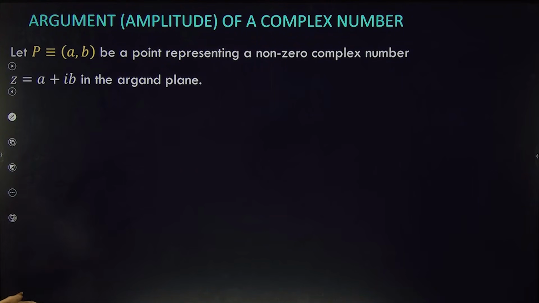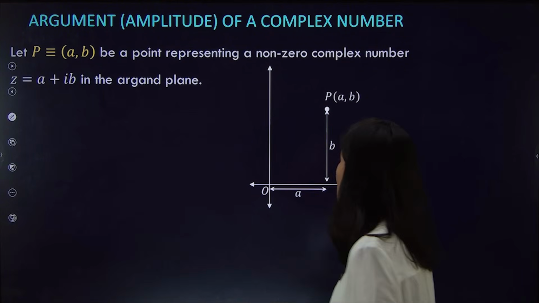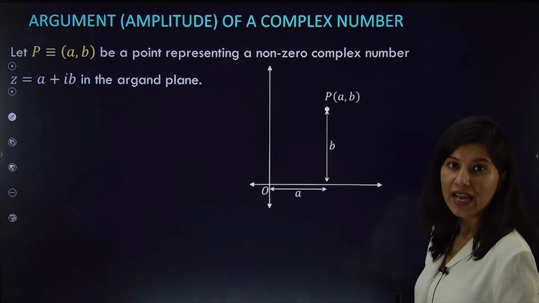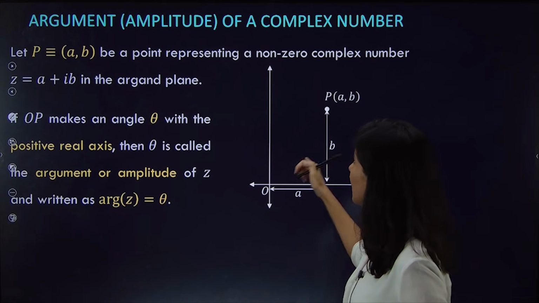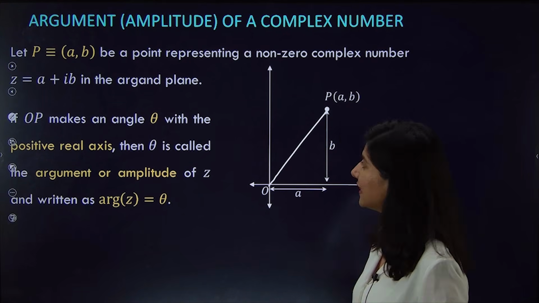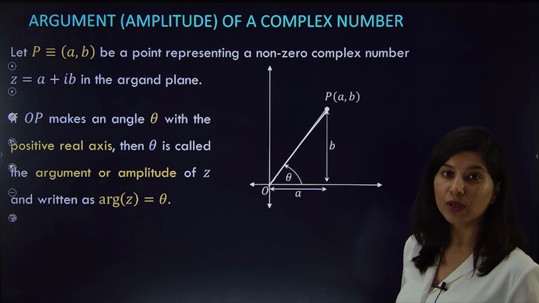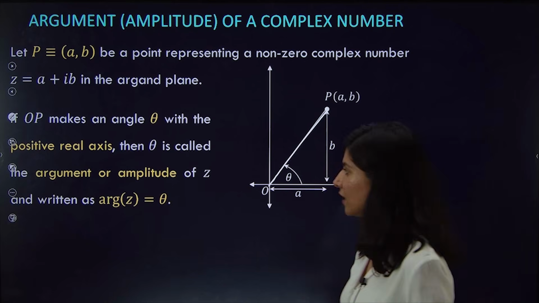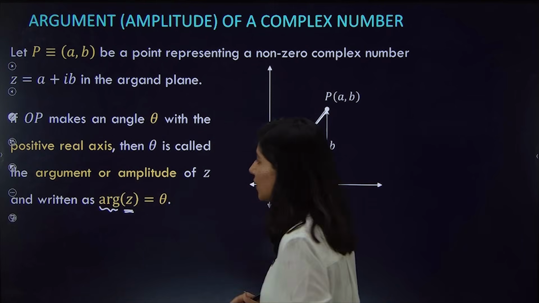So suppose we have a complex number a plus iota b. And now if you join that point P from the origin, OP makes an angle of theta with the positive real axis. So theta is called argument, or you can call it the amplitude of the complex number. It is written as arg z, and that is your theta.